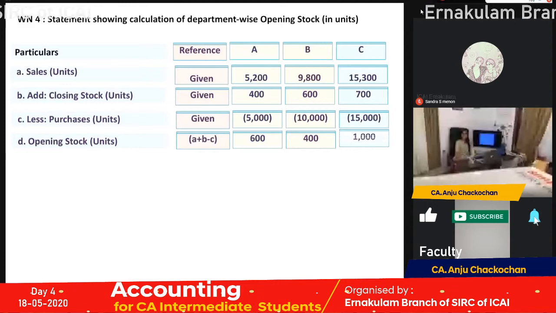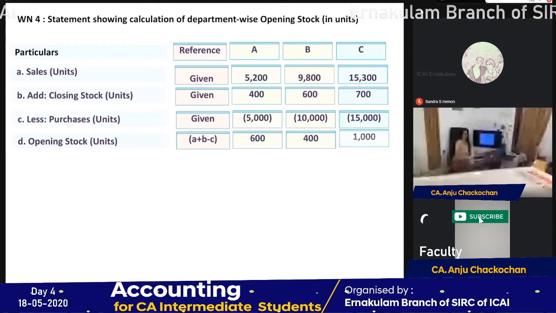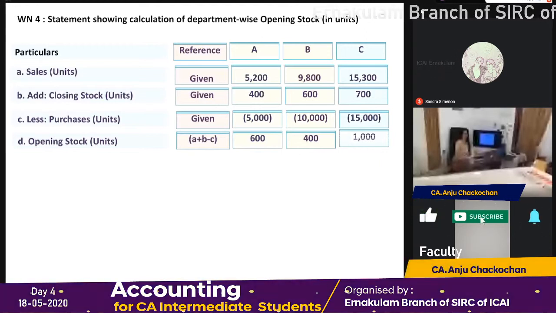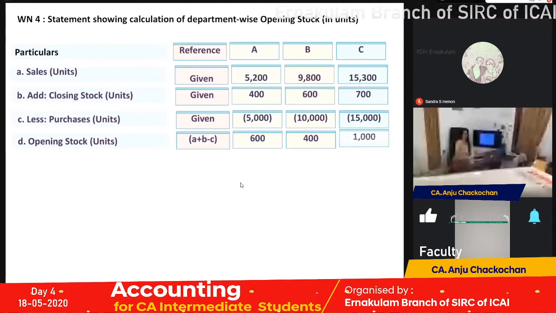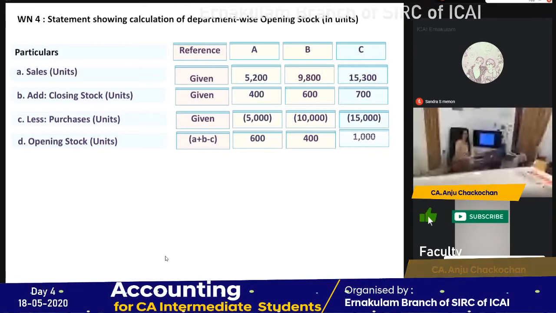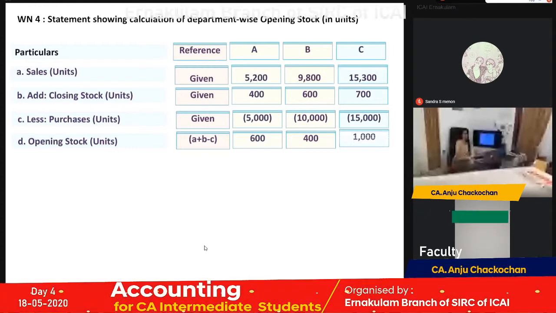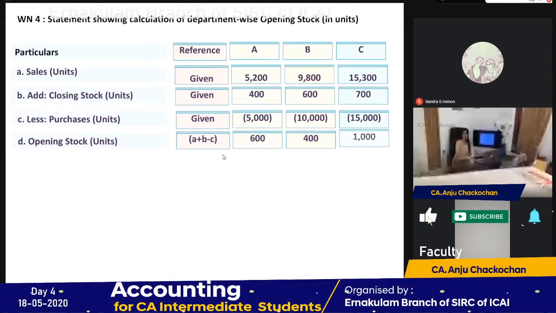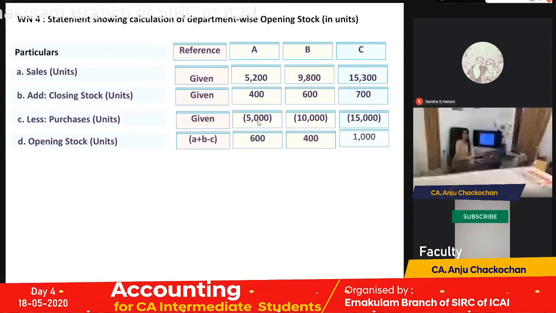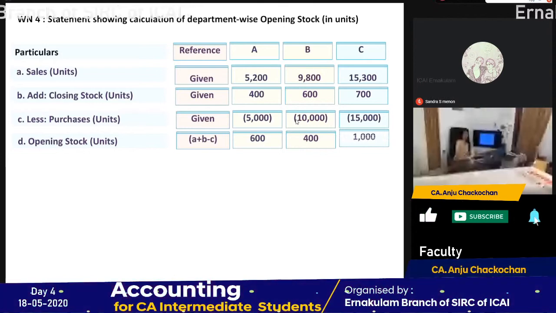The answer. We are at working note number 4. We just have one more working note to compute the value of opening stock and closing stock. Yes, Anandu, good. Yes, Joel. Okay. Everyone. Yes, Ria. Madhura. I don't usually get a message from thumbs up from Madhura.